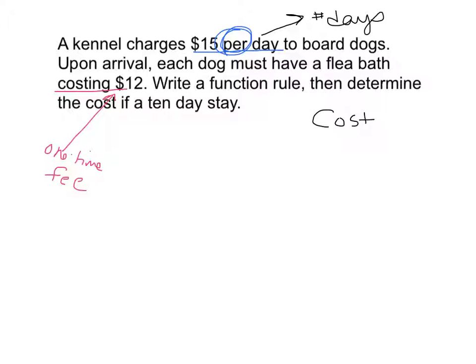Since the cost depends on the number of days that a dog stays, the way I'm going to set this up is the cost is going to equal my rate given by the per, the $15, times the number of days, because once again it says per day, so the d is a lot of times the independent variable. Not always, but the majority of the time. And then the one-time fee will be the plus $12 added on.